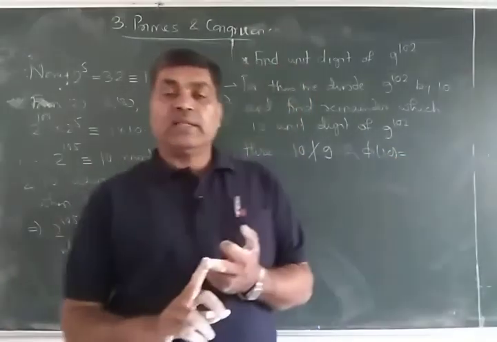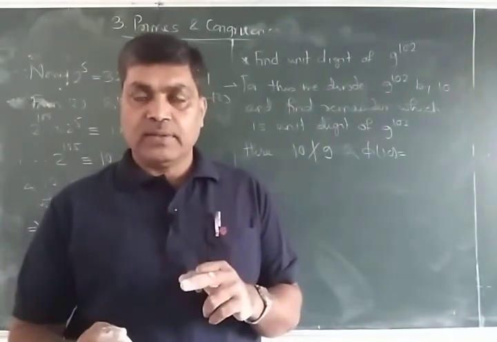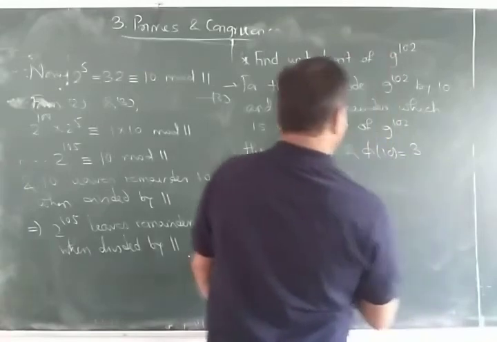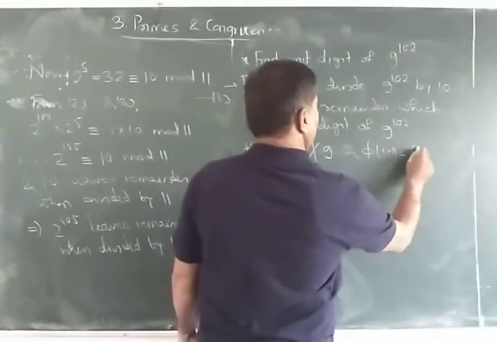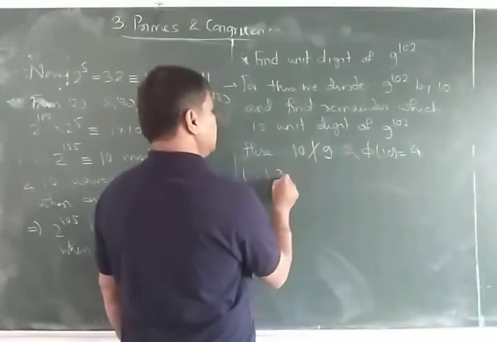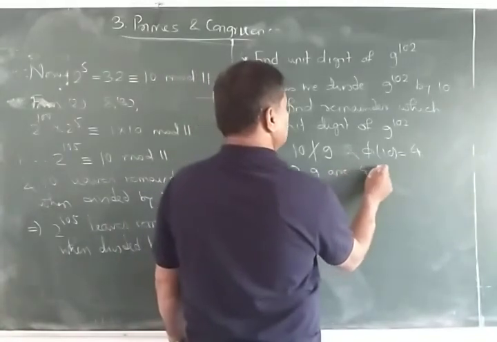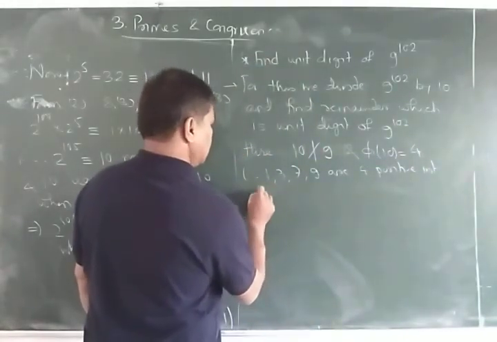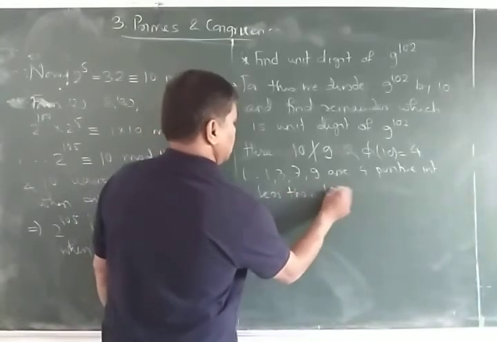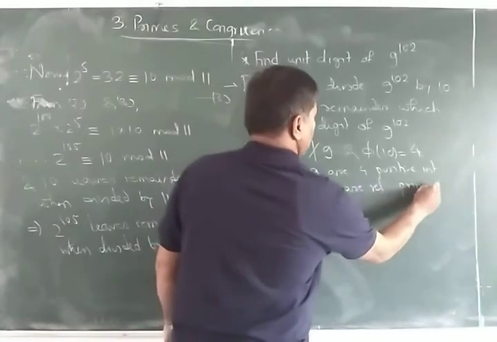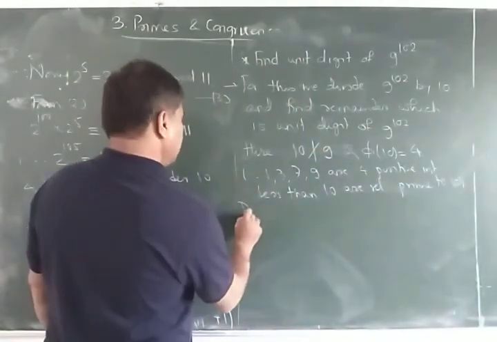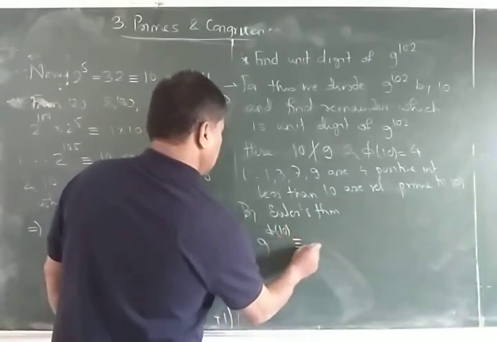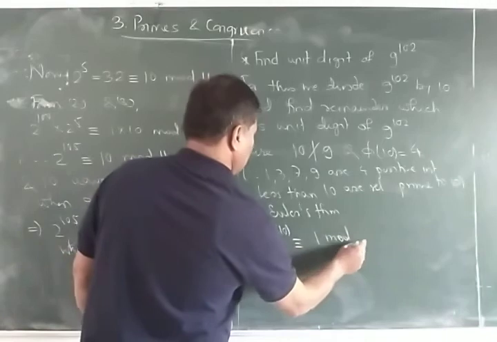1, 3, 7, 9. Since 1, 3, 7, 9 are 4 positive integers less than 10 relatively prime to 10, by Euler's theorem, 9 raised to phi of 10 is congruent to 1 mod 10.